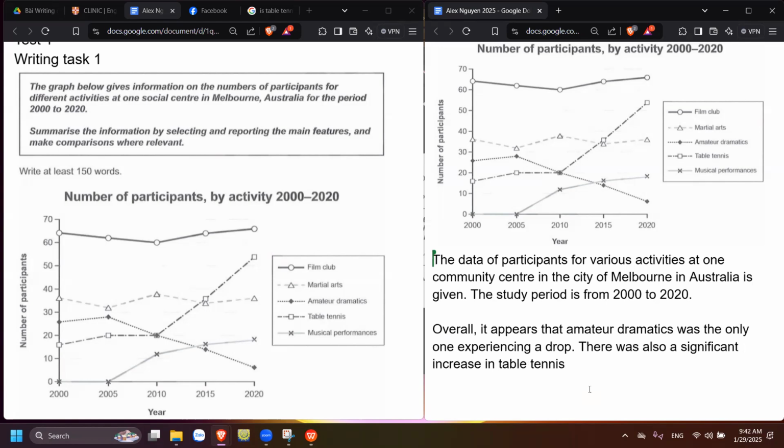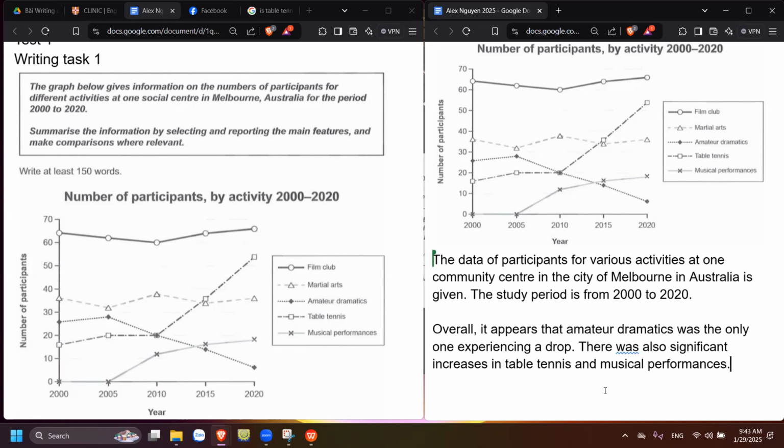Is that the only one? There was also an increase in musical performances, so we have to include musical performances as well. So there were also significant increases, plural, in table tennis and musical performances.